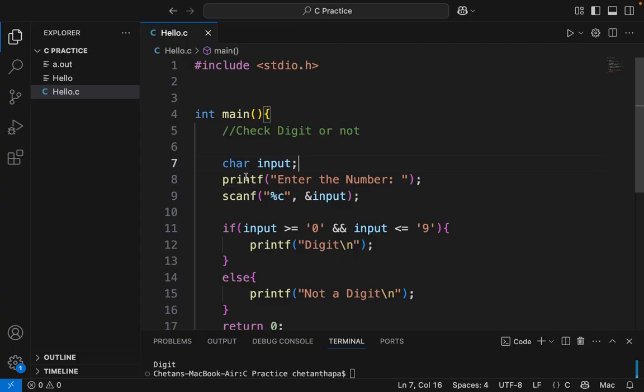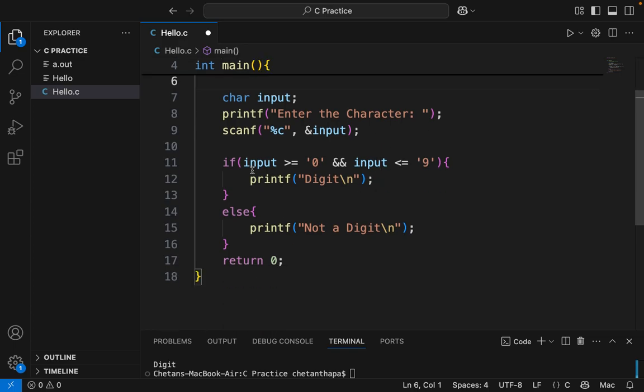We have asked the user to enter the character. From the scanf function, we have asked the user to add input, and here is the main part of this program.